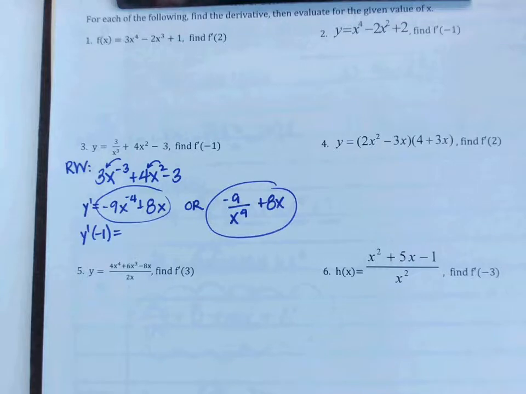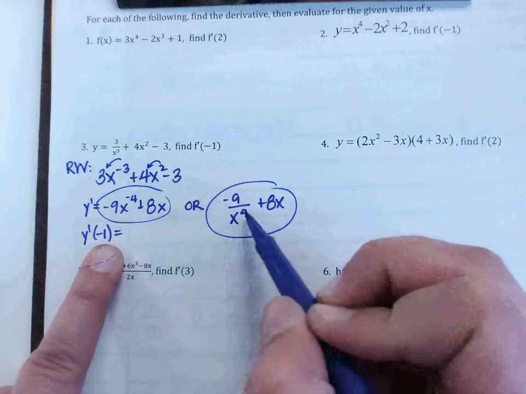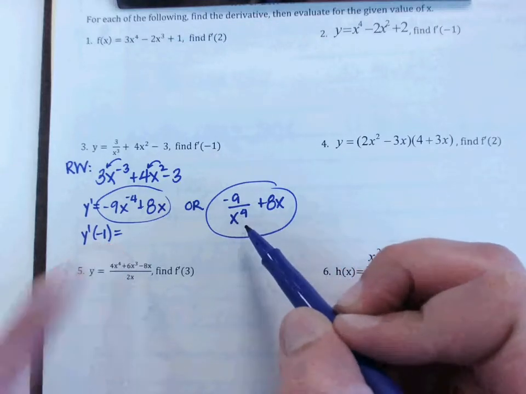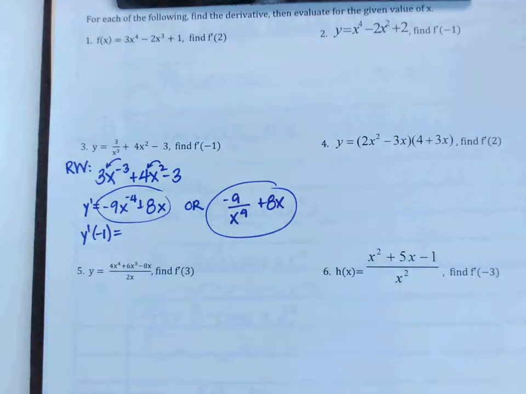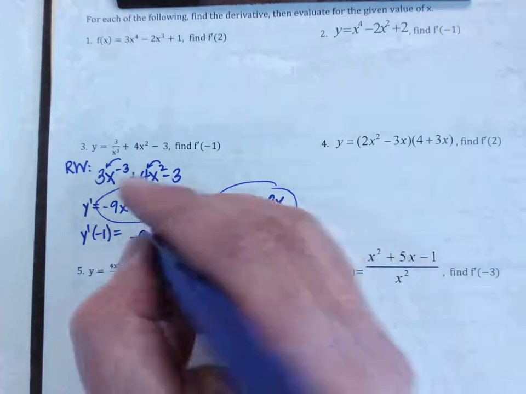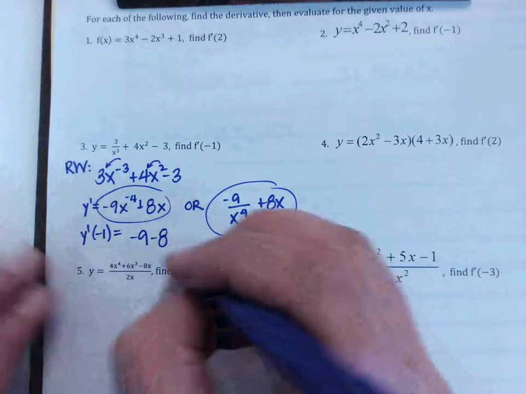Now, if I'm plugging in a minus 1 to a 4th power, that'll turn to a positive. If it's to a 4th power, you'll have 2 and 2, they cancel out. So that's going to stay a negative 9. And then negative 1 times 8 is going to be minus 8. Negative 9 minus 8 more.